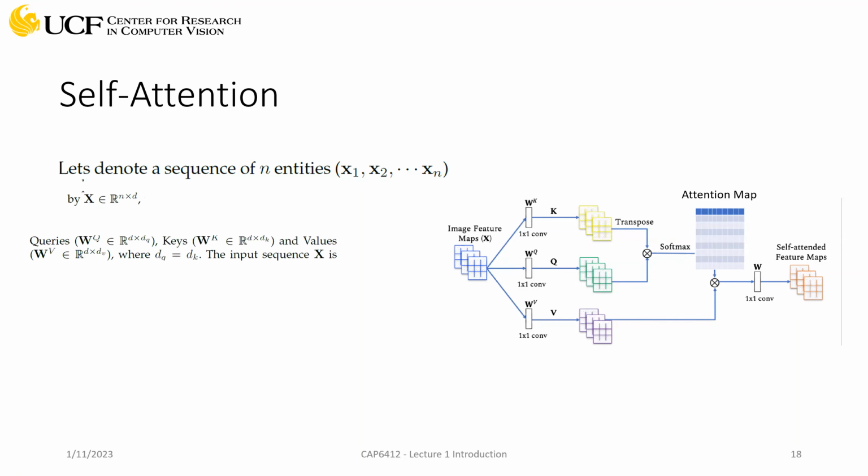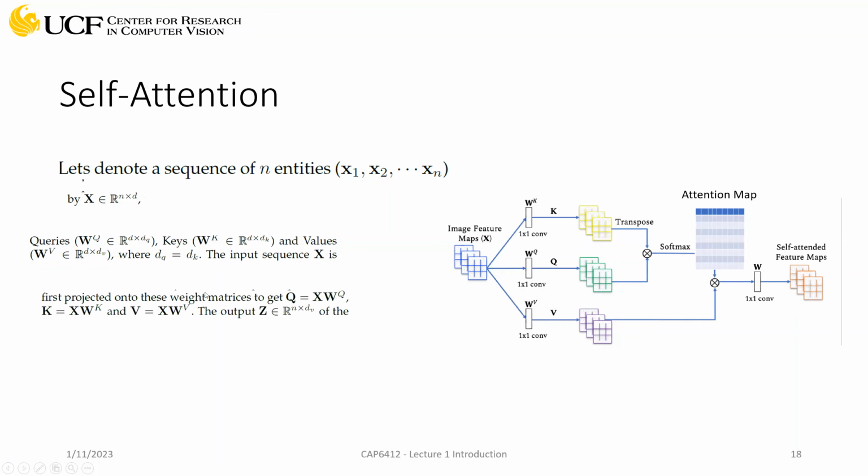Given that, we will have the matrices WQ, WK, and WV, which do the 1 by 1 convolution. WQ is a D times DQ matrix, D rows and DQ columns. Similarly, WK has D rows and DK columns, and WV has D rows and DV columns. We are going to assume that DQ and DK are the same.